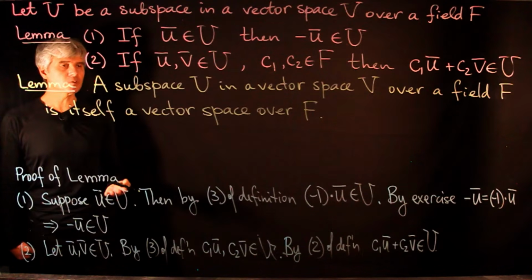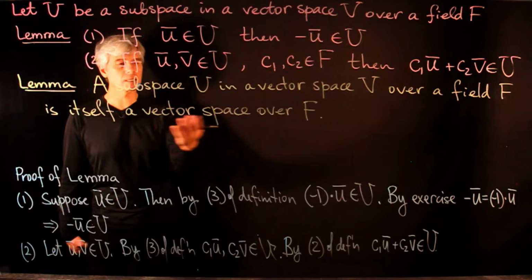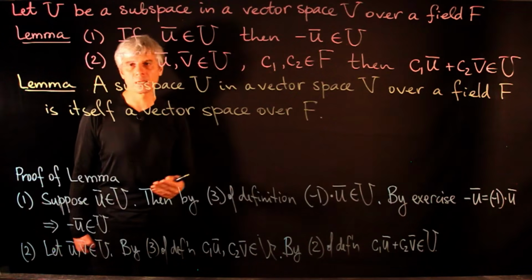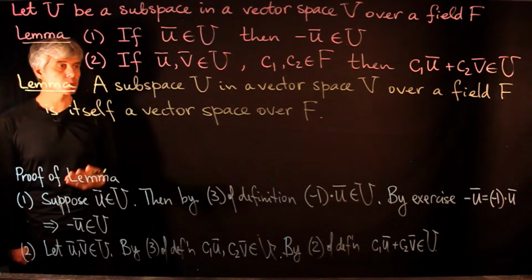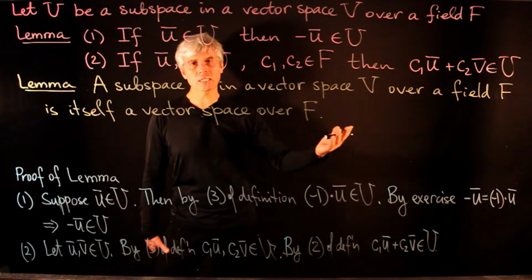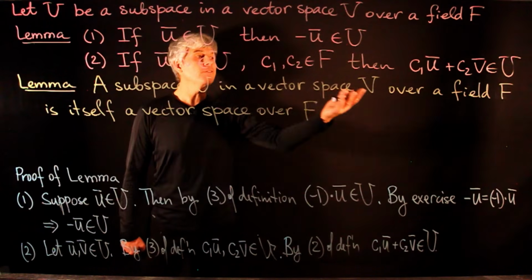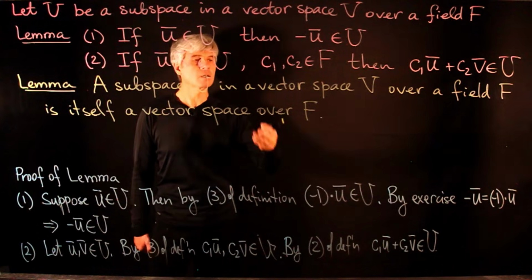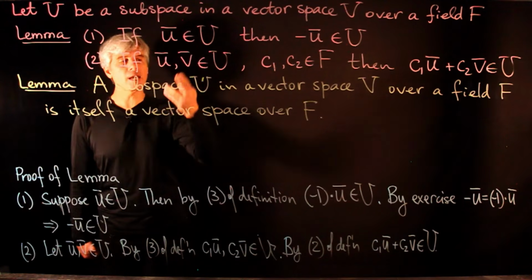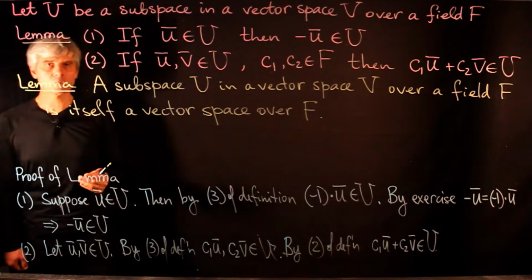Do we need to verify these axioms for a subspace to check that it's a vector space? The answer is no, because we are given that V is a vector space. So all the properties that we need are satisfied in V, and in particular, they're satisfied for vectors from U, because U is just part of a larger vector space.